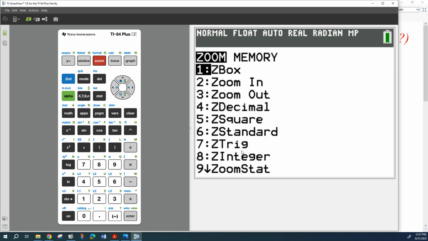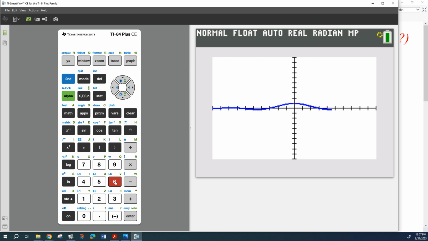Zoom 0 goes -10 to 10 on both x and y. Do you see possibly a better one here to start with? Or we always went zoom standard, sorry. If I do zoom 6, it does that. -10 to +10 on both the x and y axes.